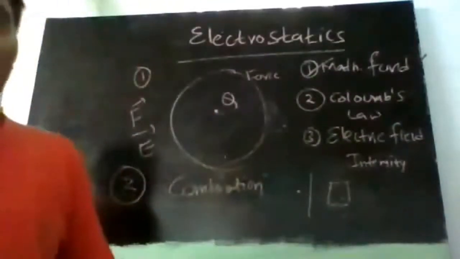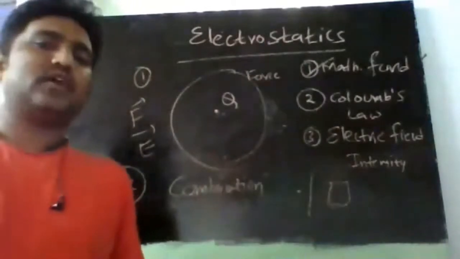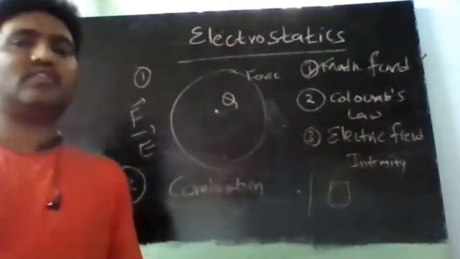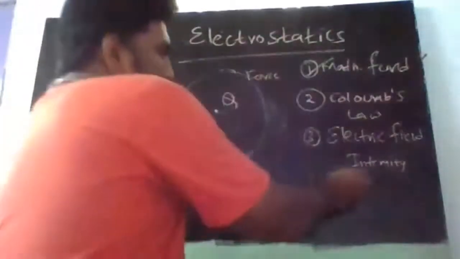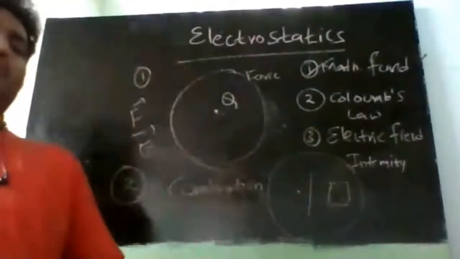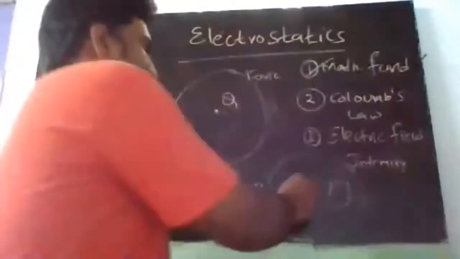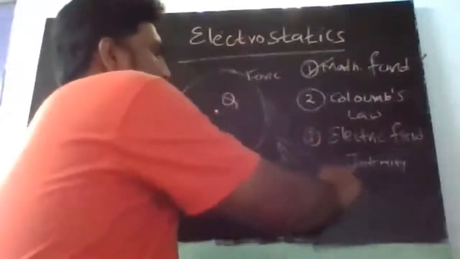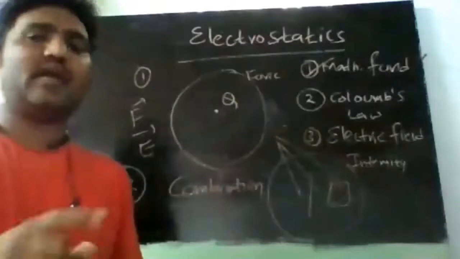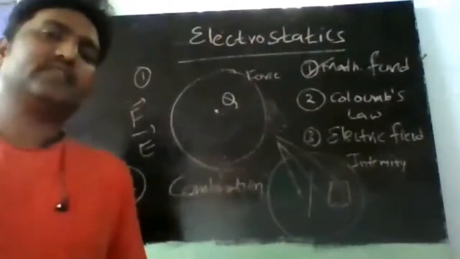Let us assume that different types of charges are there, a line charge, a surface charge or a volume charge. When you combine these charges, even though you can calculate them individually and use the superposition principle and add them all up, that will not give you accurate results.